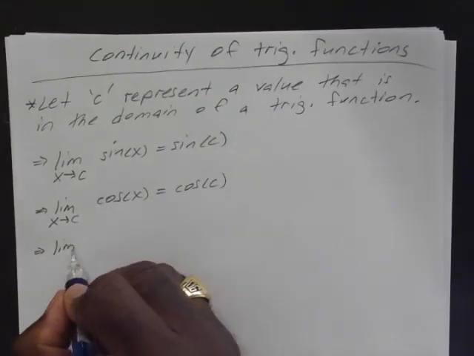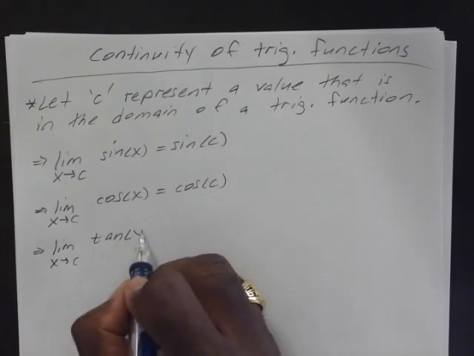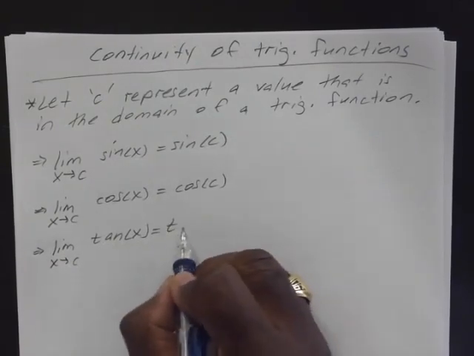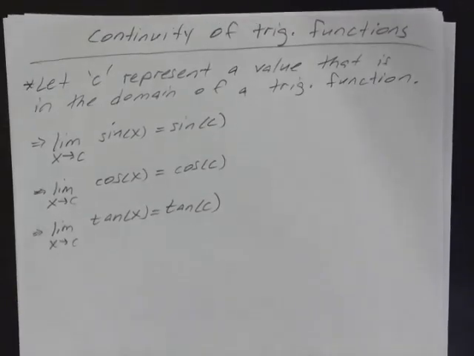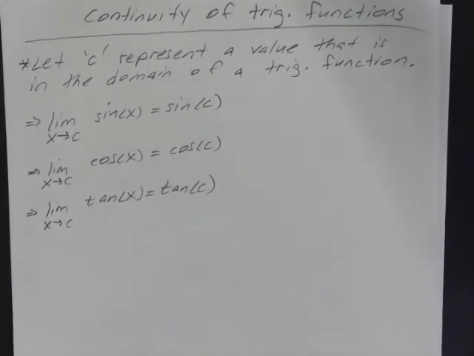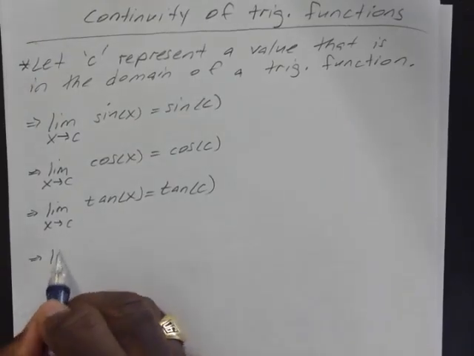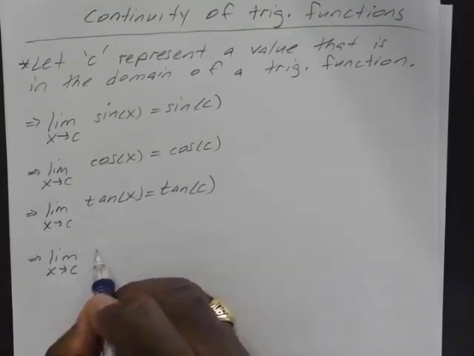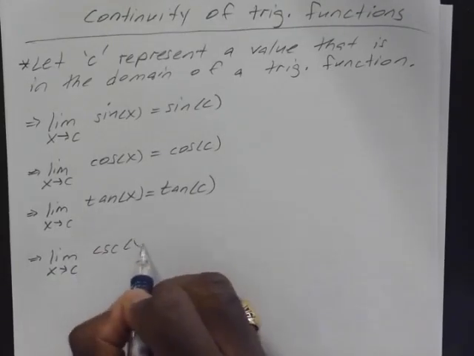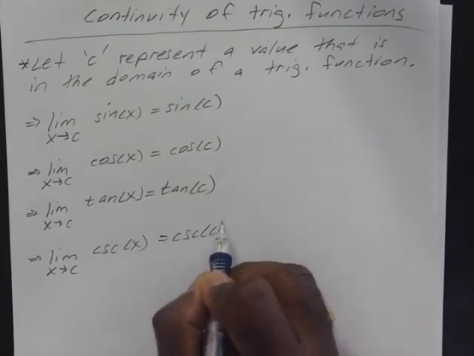We have the limit as x approaches c of tangent of x. That's just tangent of c. We have the limit as x approaches c of cosecant of x. That's just cosecant of c.